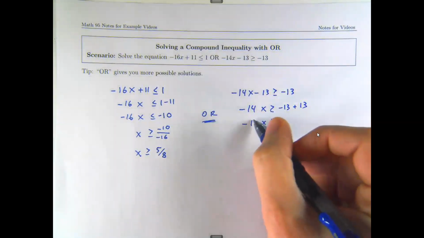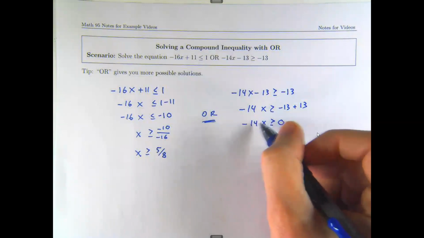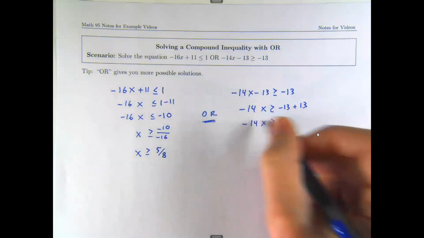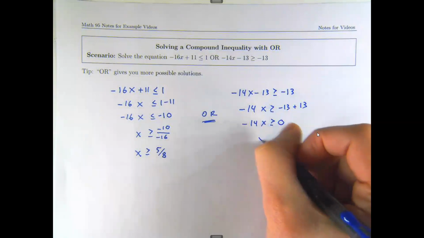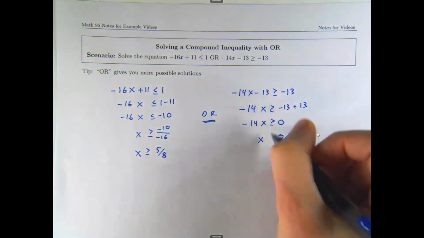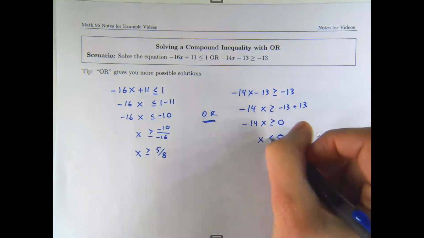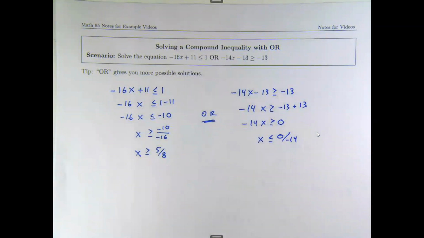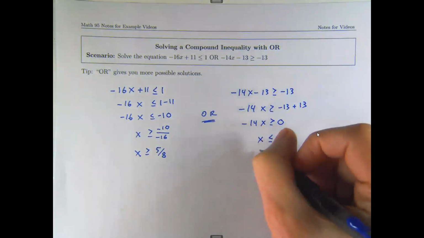I'm going to get rid of this negative 14 by this x, negative 14x, by dividing both sides by that value. Since I'm dividing by a negative 14, I have to change the direction of this inequality. 0 divided by 14 is 0.